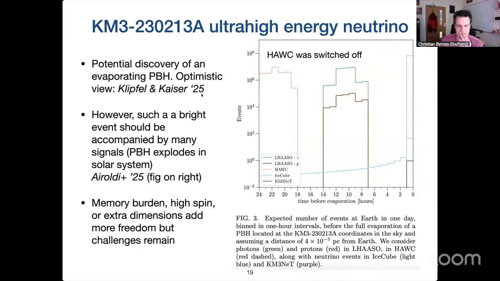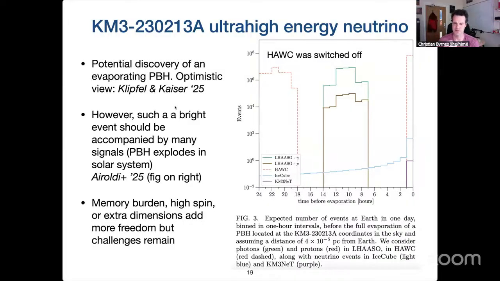Let me try and explain why it's so optimistic. So it is true, first of all, that as the mass goes to 0, the temperature goes to infinity. So you can generate arbitrarily high energy particles. But apart from the sort of fine-tuning to have formed one with a mass such that its lifetime is exactly equal to the age of the universe, we can think intuitively.